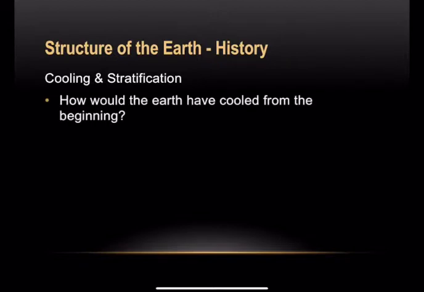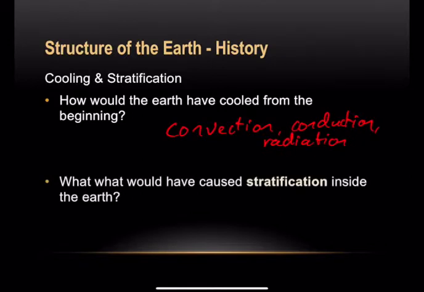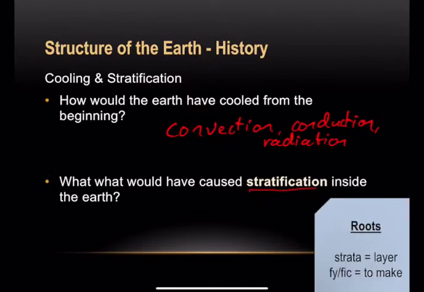All right, so we've got Earth that's cooling, and we talk about cooling from the beginning using convection, conduction, radiation. And then these layers can happen physically because of the way it's cooling, and chemically because of something else.